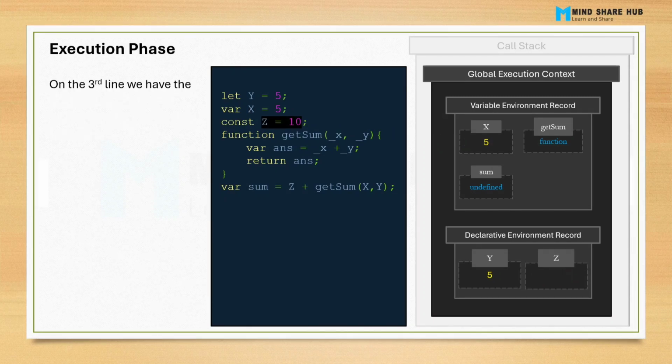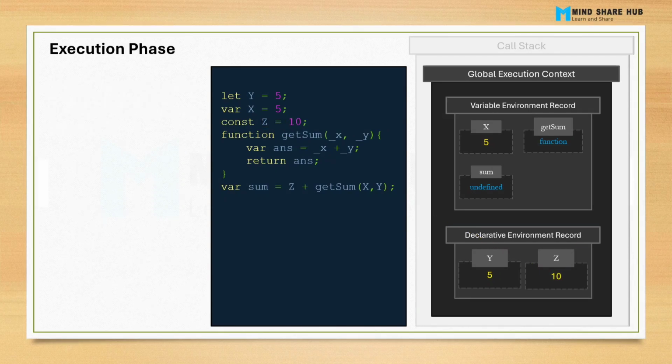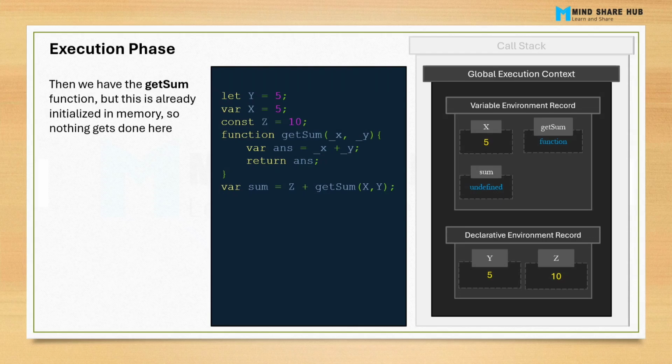On the third line, we have the z variable. So now this variable gets initialized with the value 10. Then we have the getSum function, but this is already initialized in memory, so nothing gets done here.